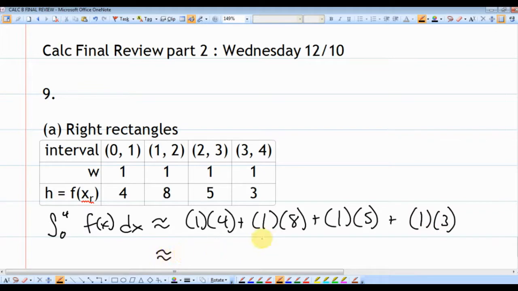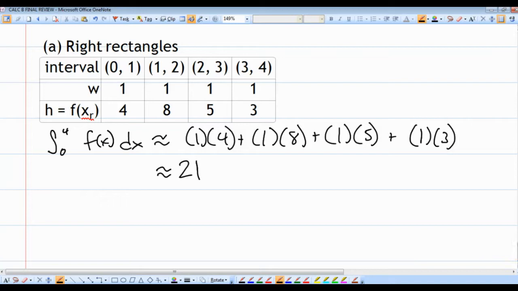So it's approximately equal to 12, 17, 21. Good.